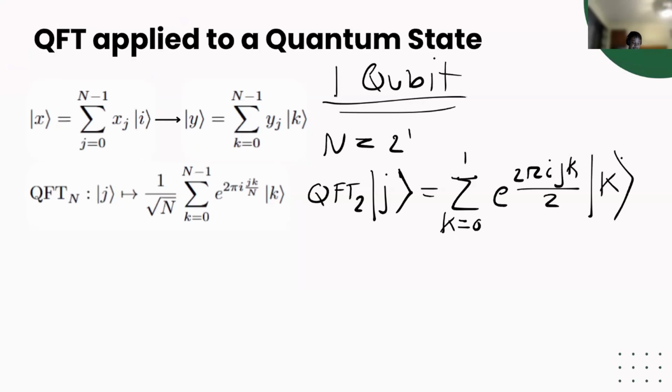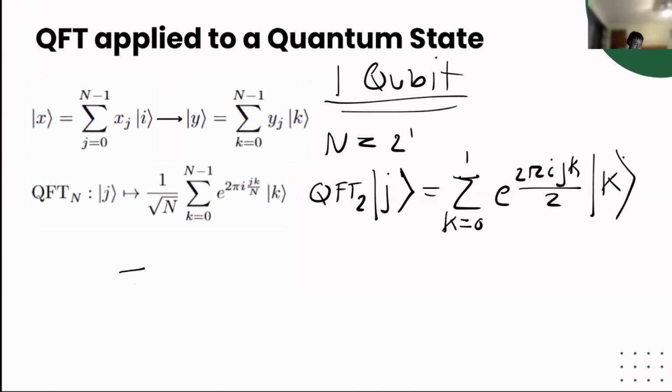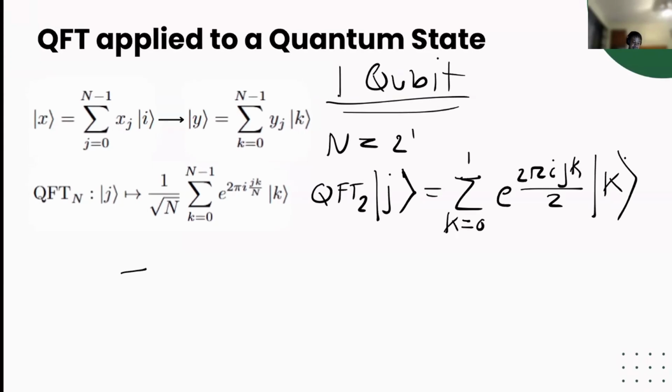So we can expand this sum that I'll write here. It's equal to, when k is equal to 0, so when we have this 0 state, this coefficient will be 1, so we have 0, plus when k is equal to 1, we'll have the rest of this exponent.